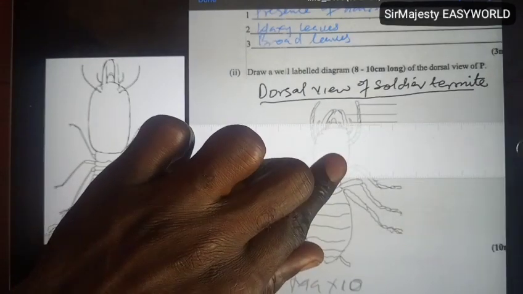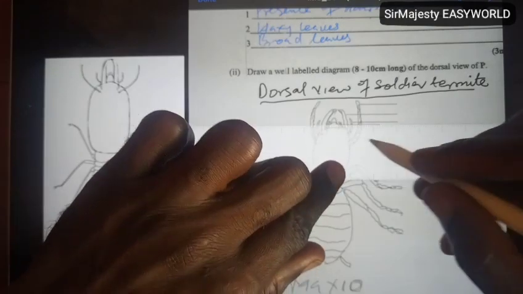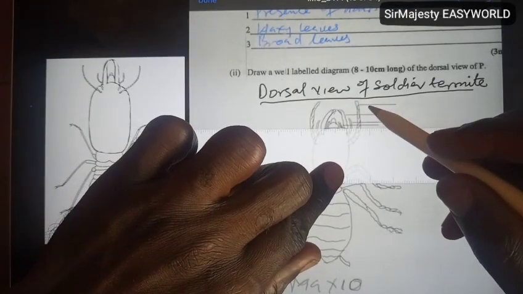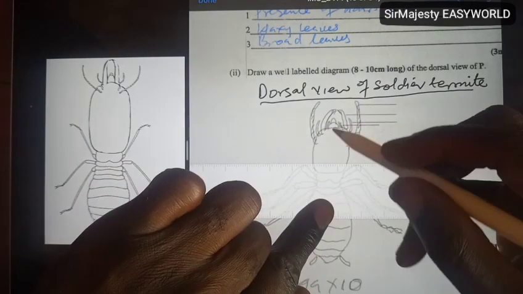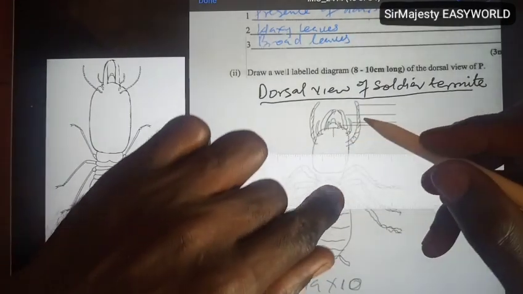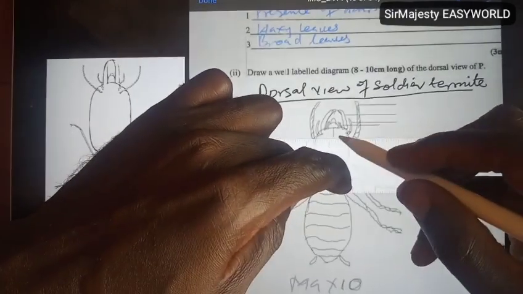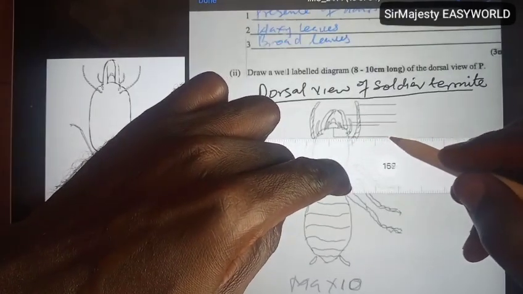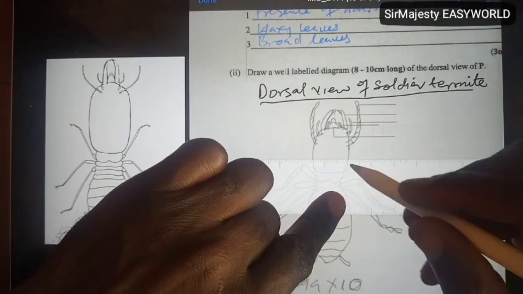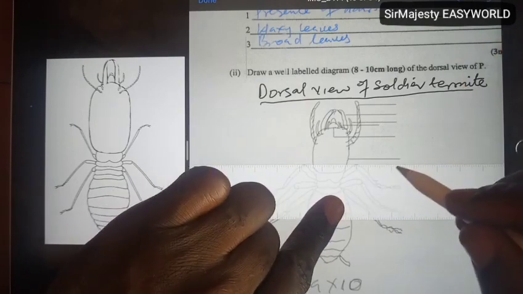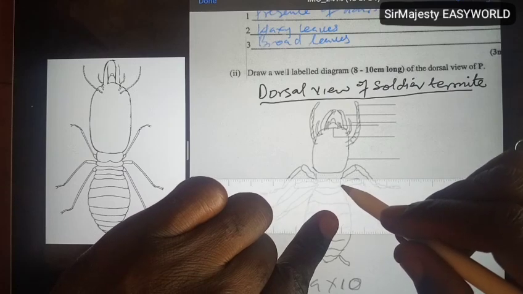Okay, that's too close. I'll clean that one. Then over here is the labium, labrum, of course labrum. Then here is the head. Here is the thorax.